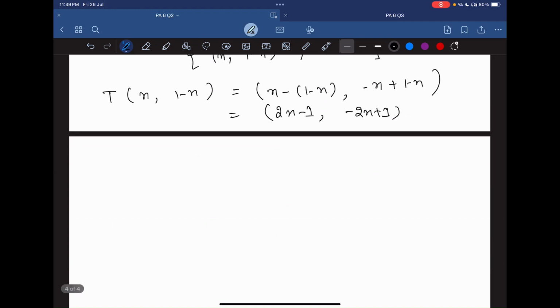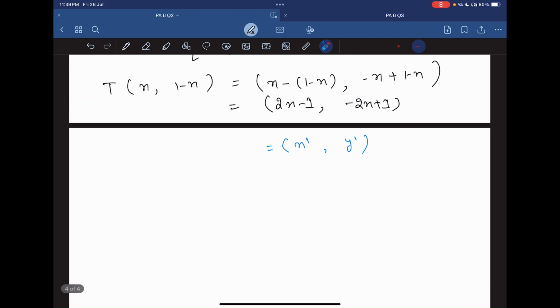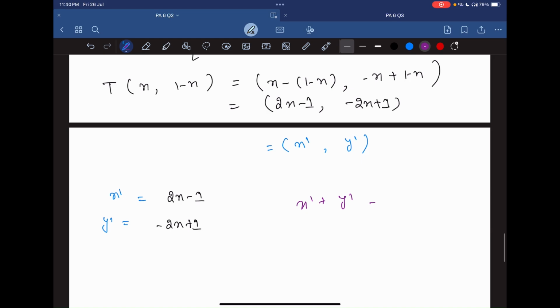Now let's represent these as some (x dash, y dash). So our x dash is equal to 2x minus 1 and our y dash is equal to minus 2x plus 1. Now notice that if we add these two quantities, we will get 0. That is, x dash plus y dash is equal to 0.